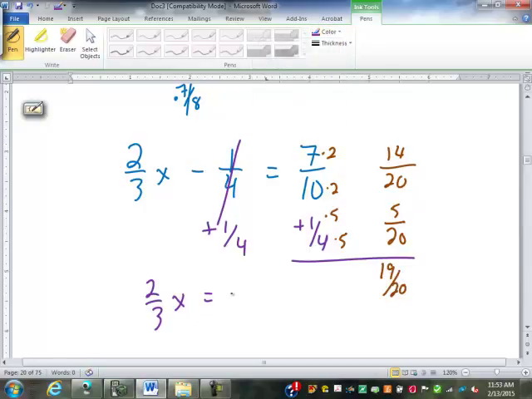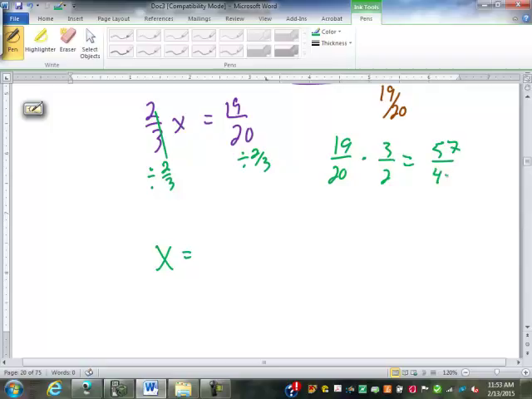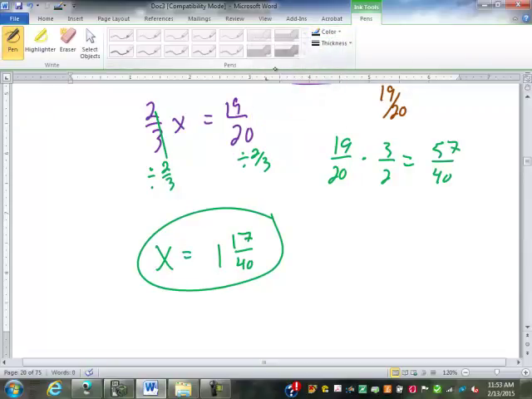So 2/3 x equals 19/20. And now we're going to just divide by 2/3. So x equals 19/20 divided by 2/3, which becomes 19/20 times 3 over 2, which is 57 over 40, or 1 and 17/40. Again, you can test that back in there if you want to. I will leave that up to you.